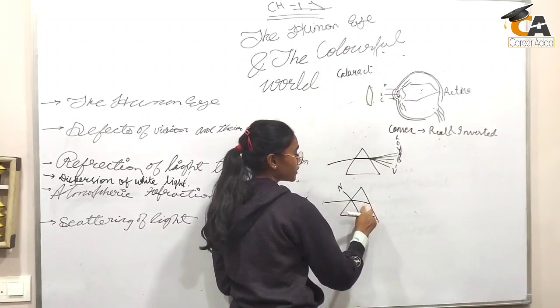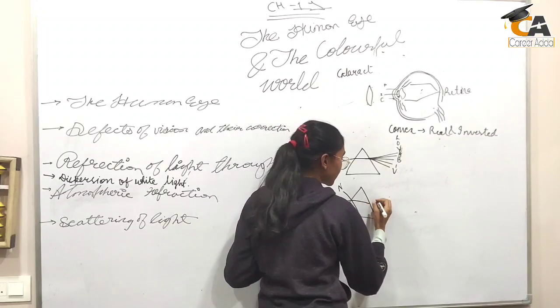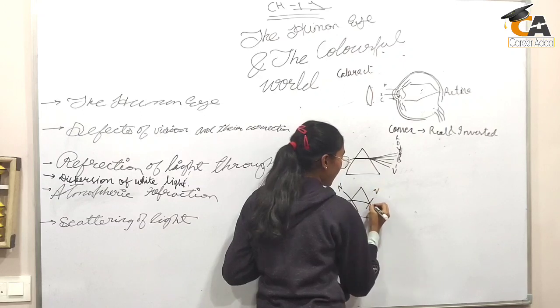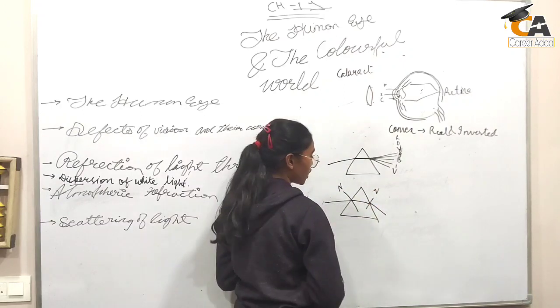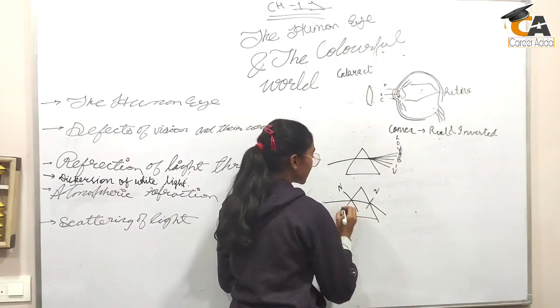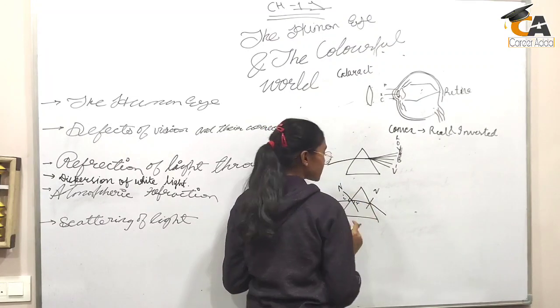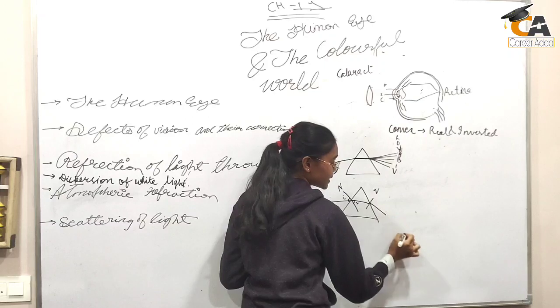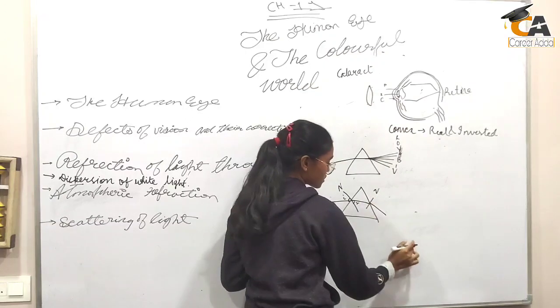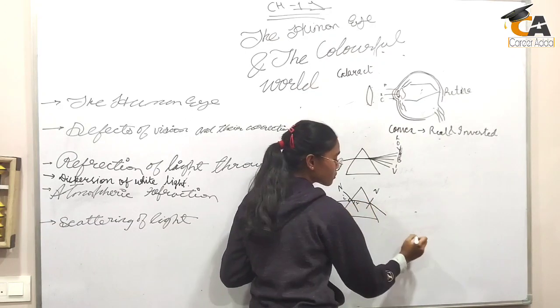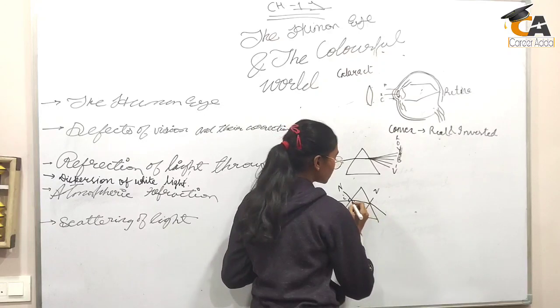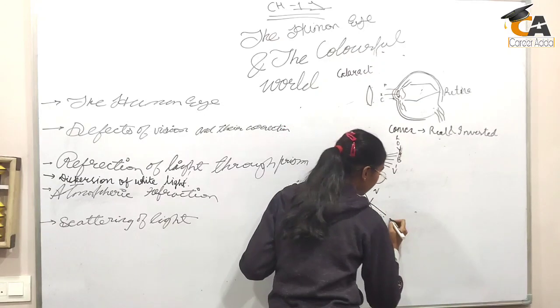And when going from denser to rarer medium, again a normal is drawn and the light rays pass away from the normal. This is the angle of incidence, this is the angle of reflection. We can see that it is getting deviated and dispersed this way, but the original direction should be somewhat parallel. That is known as the emergent ray.